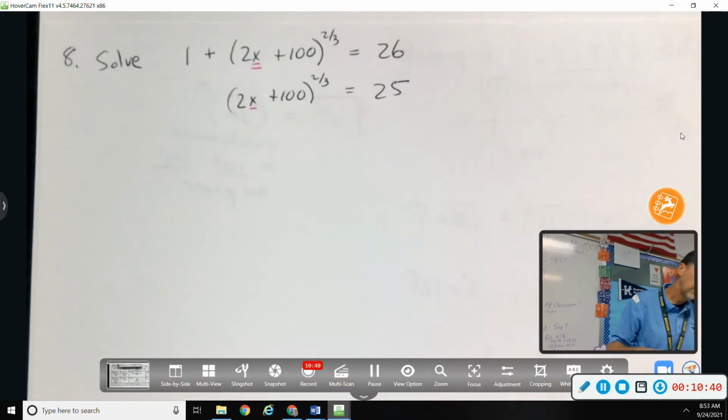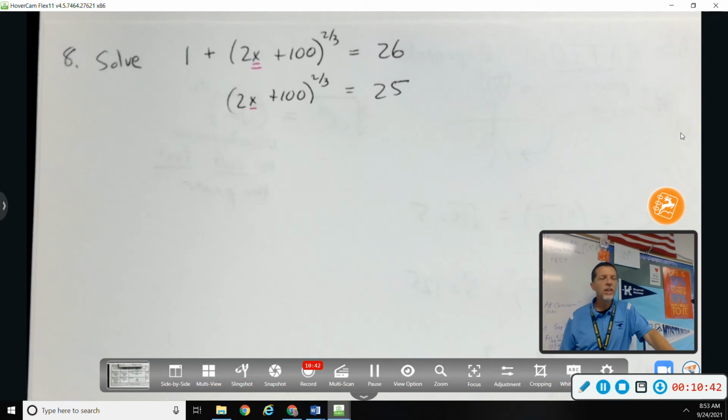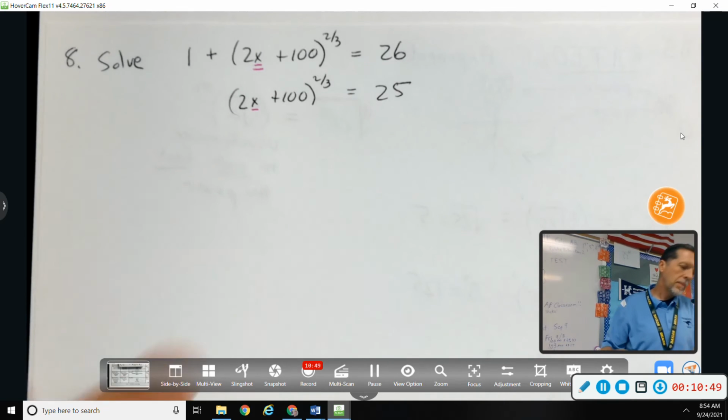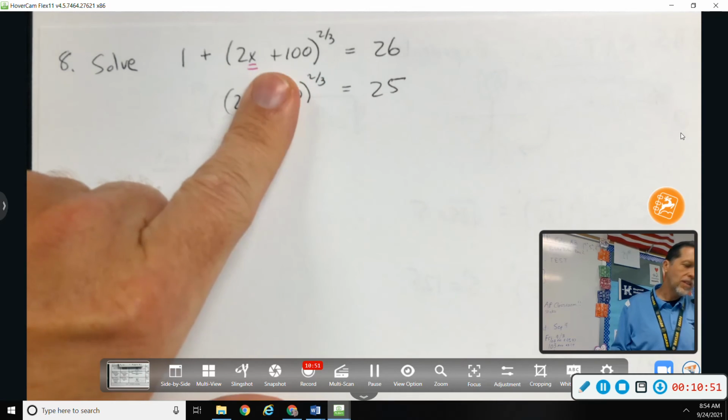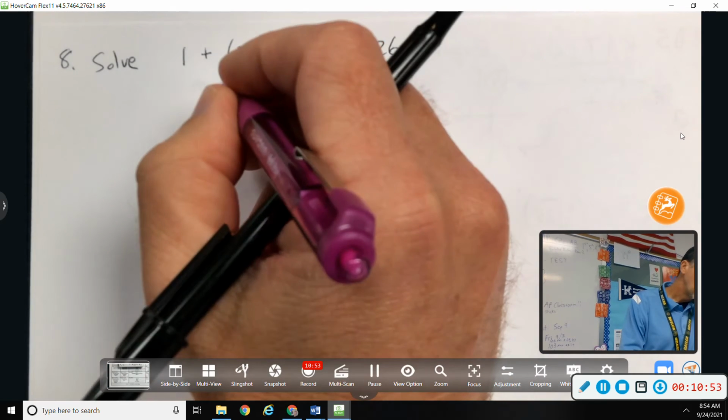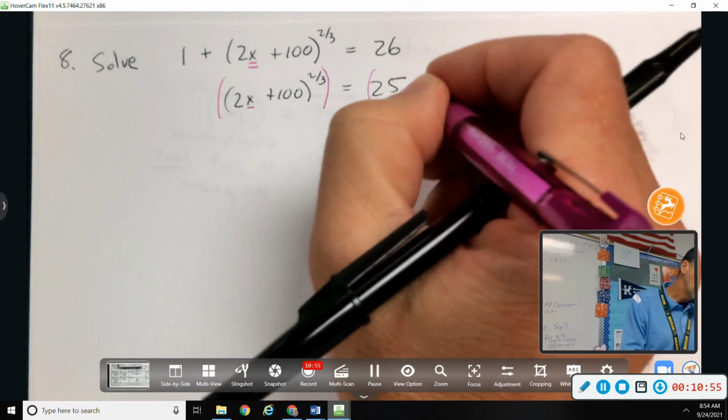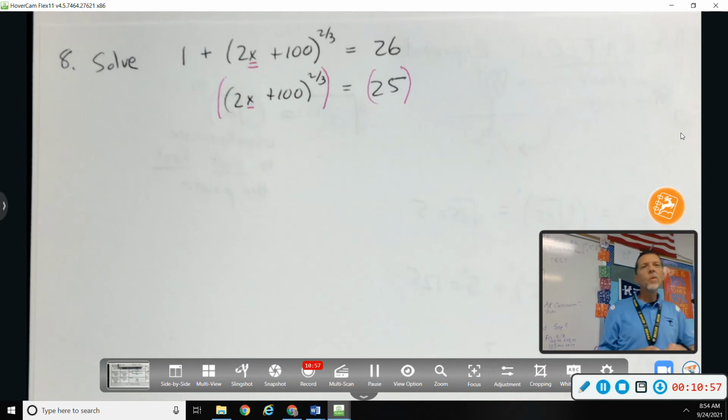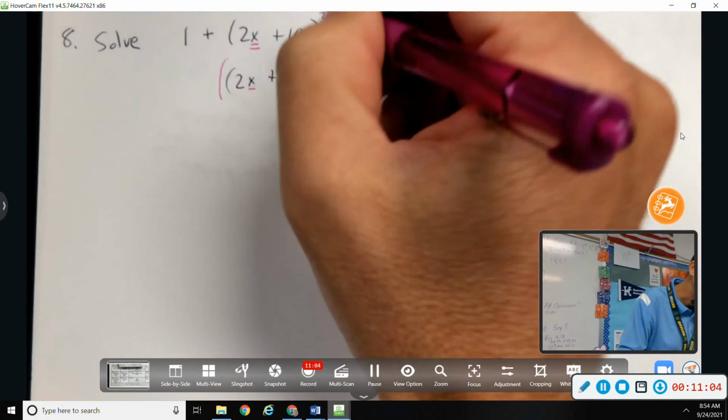Again, I'm trying to peel off the layers to get to x. I can't divide by 2 because it's that 2/3. So what exponent would counter 2/3? Good. So my exponent needs to be 3/2.